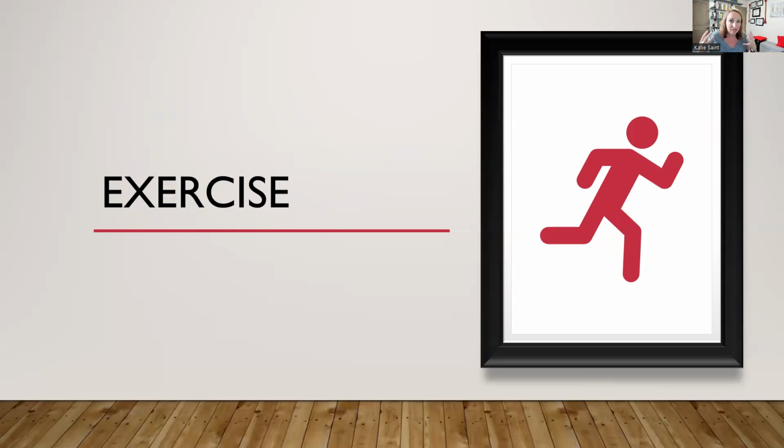Our mental health, anxiety, depression, emotional regulation, all of that significantly improves if we exercise on a regular basis. To get those benefits across the board, we want to exercise at least 30 minutes 3 times a week. That's the bare minimum that we need to do to get those generalized benefits.